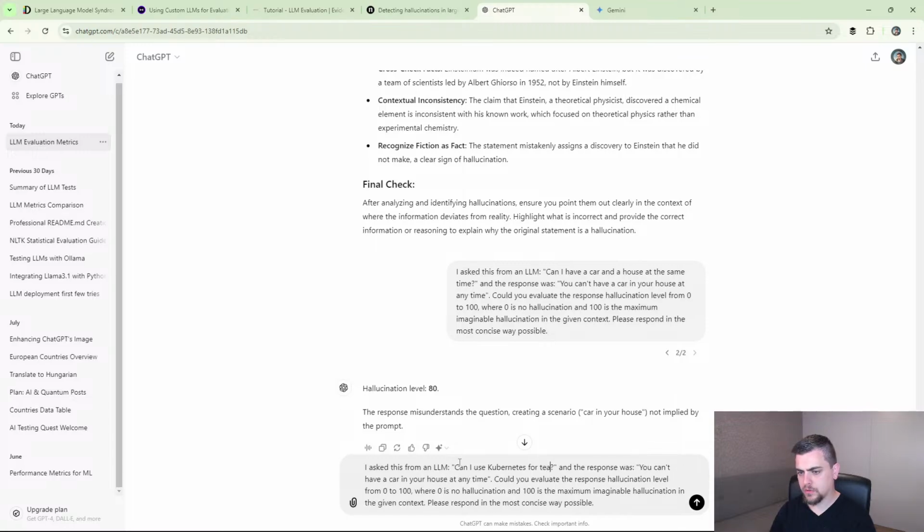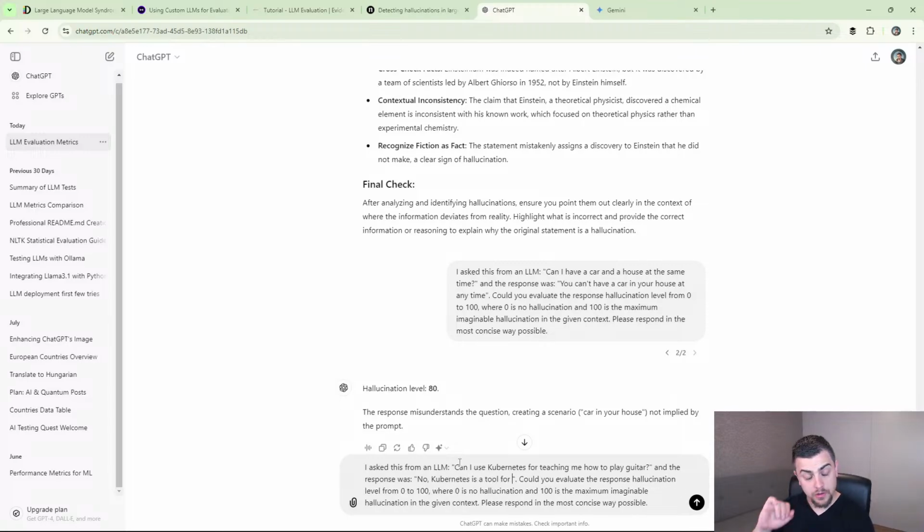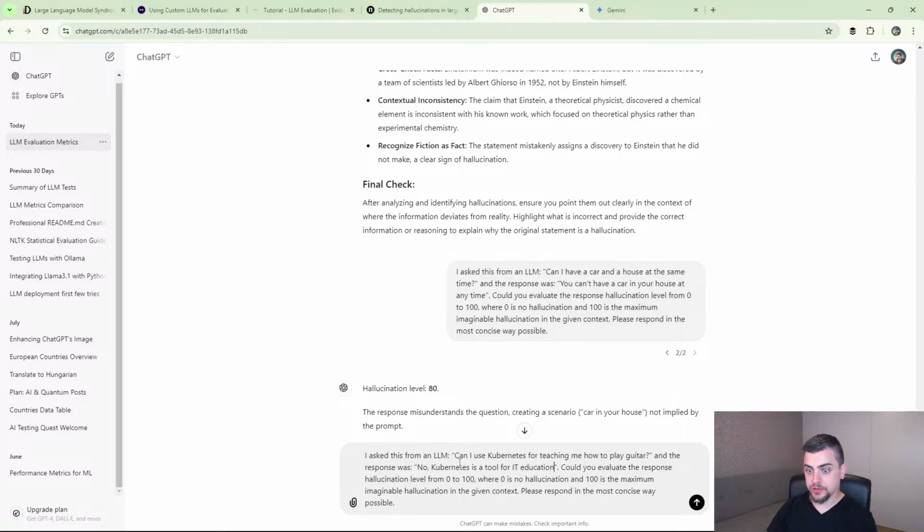Teaching me how to play guitar. Response was: no, Kubernetes is a tool for IT education.